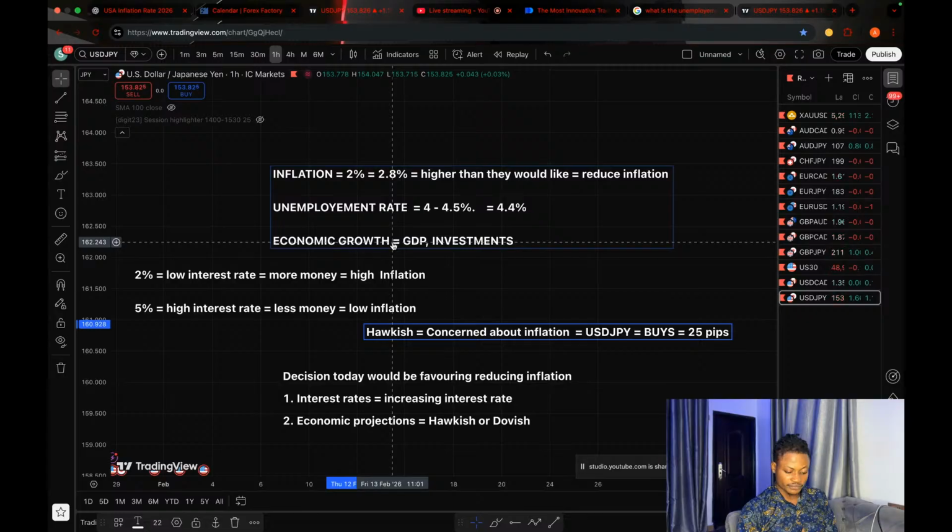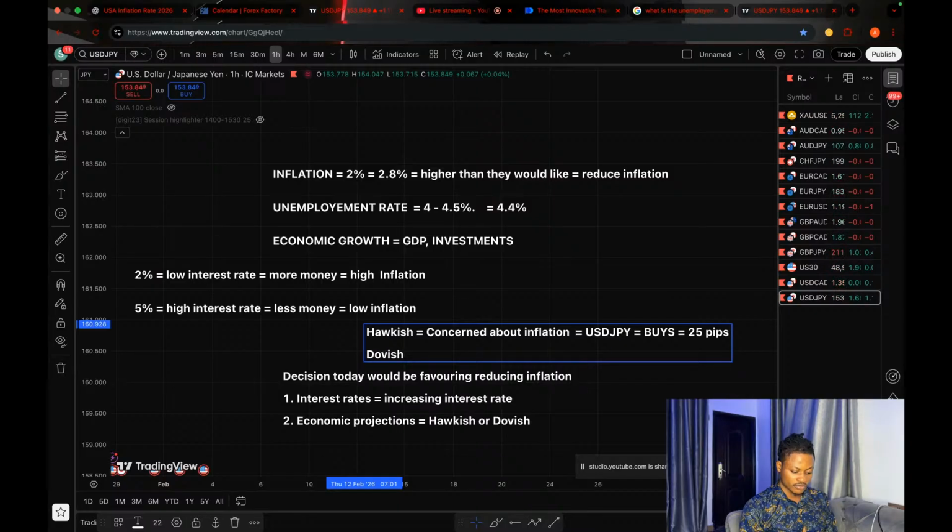Then when they come out and say they are less concerned about inflation, a dovish tone, USDJPY sells.